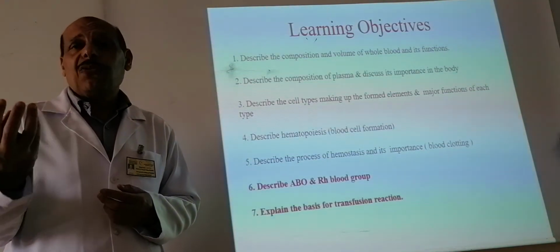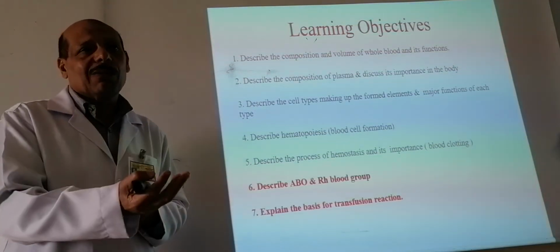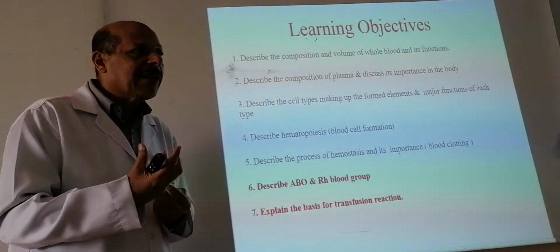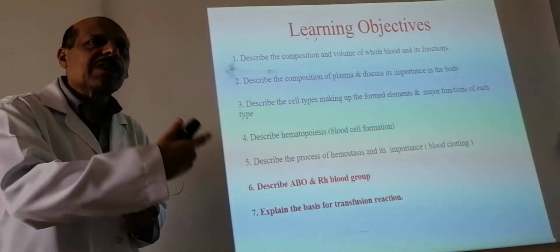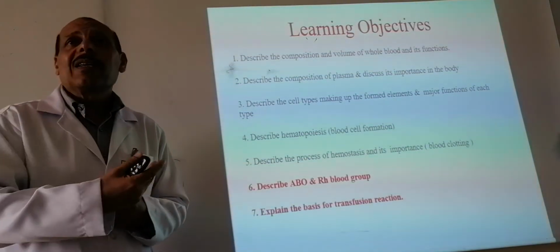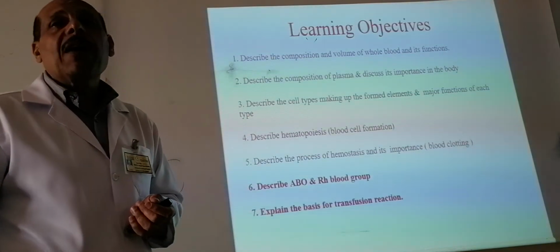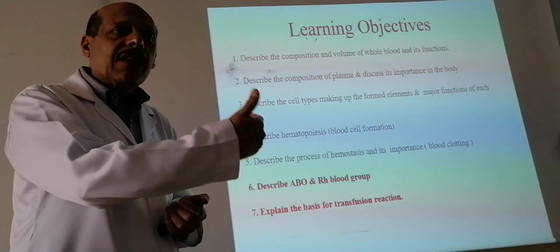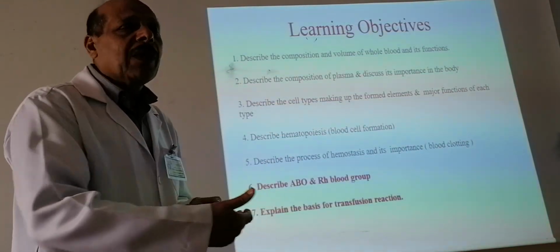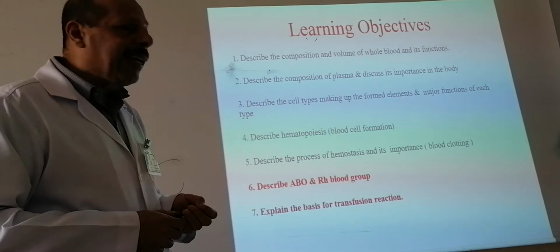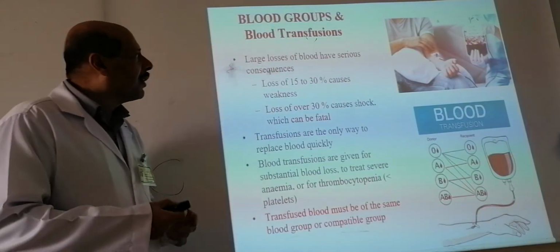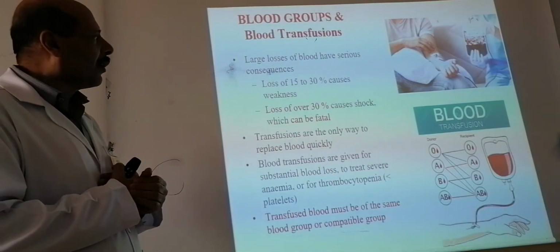The importance of understanding those types of blood is to know if a person needs a blood transfusion, in order to give him the specific group that can be transferred to him without causing any reaction. You will understand it after we start with that.